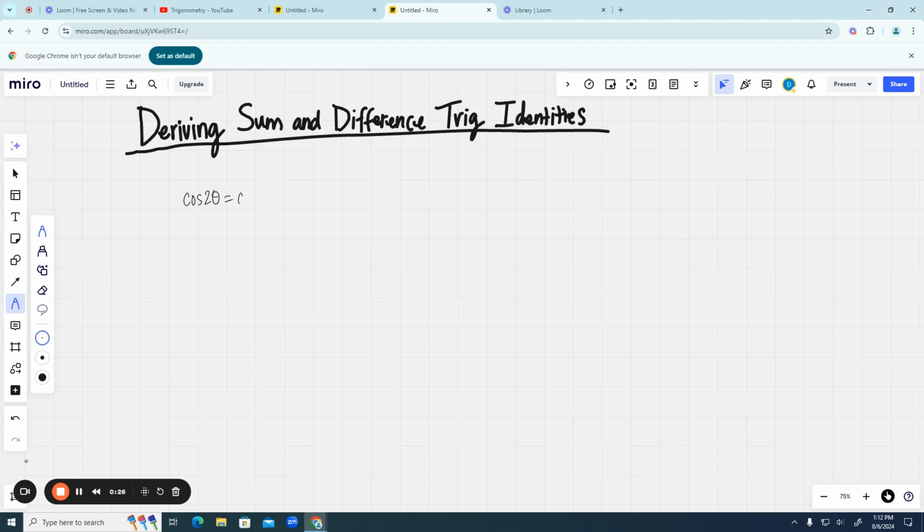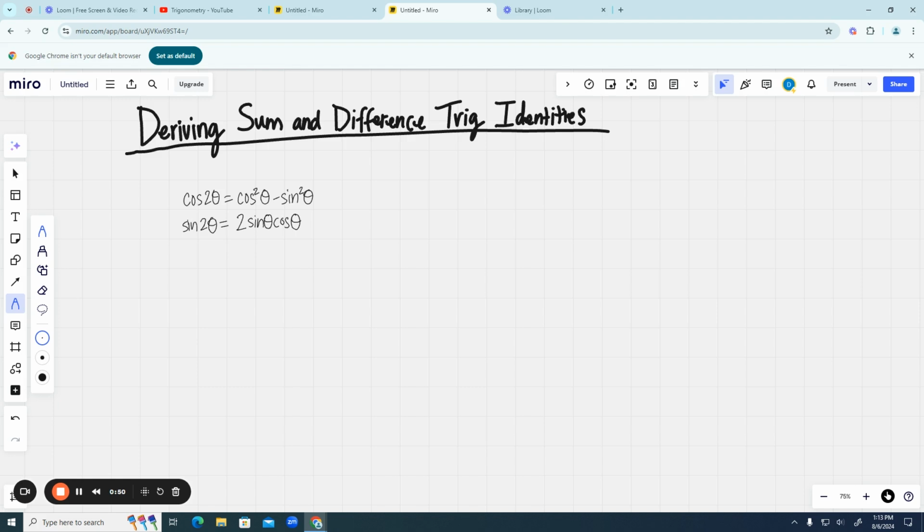So this one is this. You just need to remember these two, and then you can figure out a lot of the other ones, and it makes your life way easier.